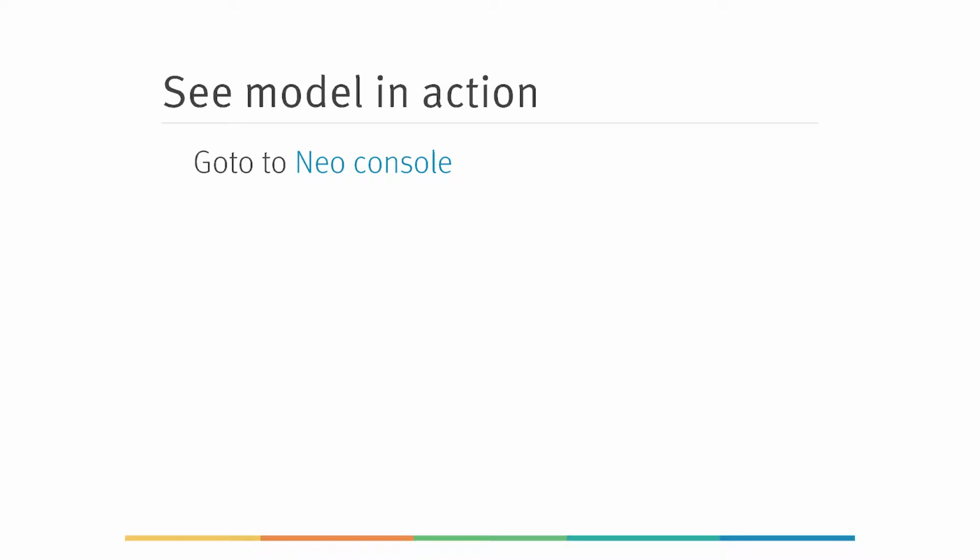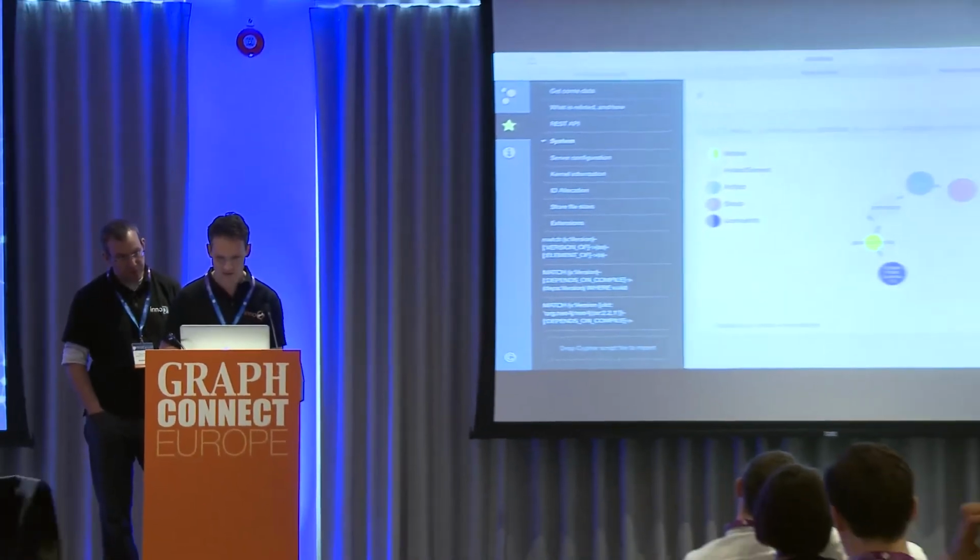Okay, we can now look into the console just to see some data in this model. We start with a Cypher query and just fetch one artifact version, for example. We just fetch JUnit and look at the elements we see here.